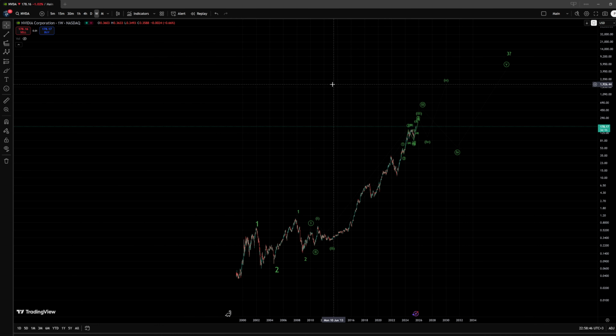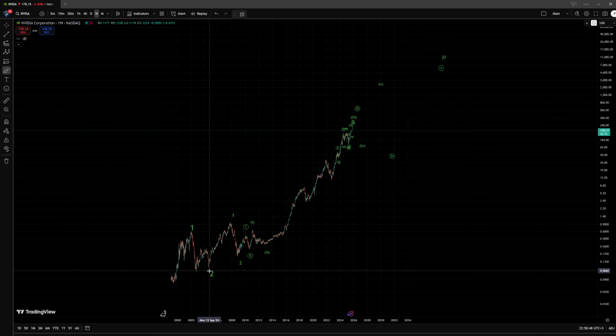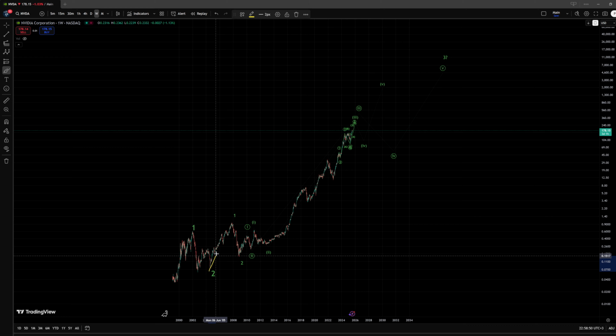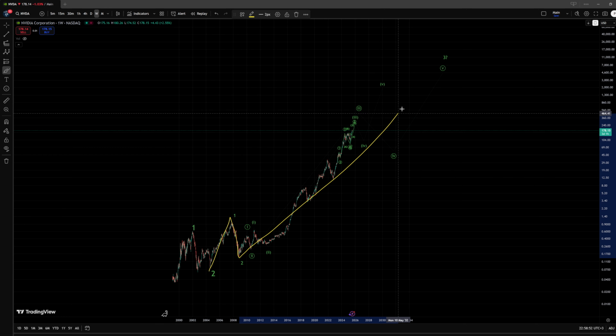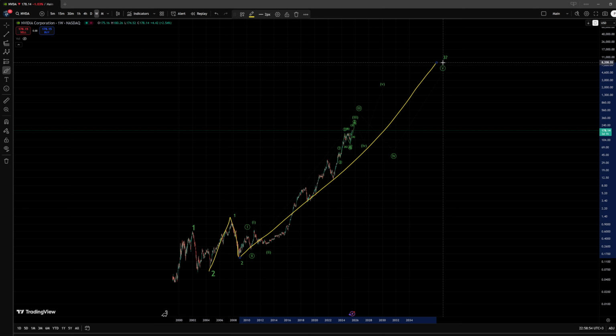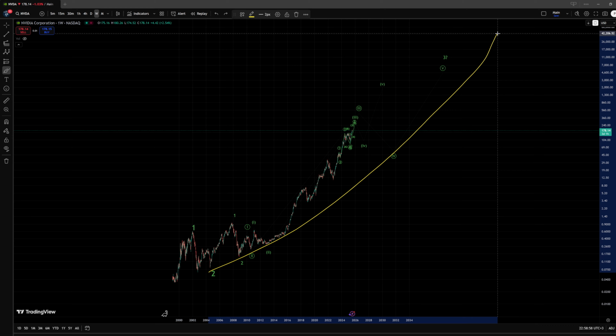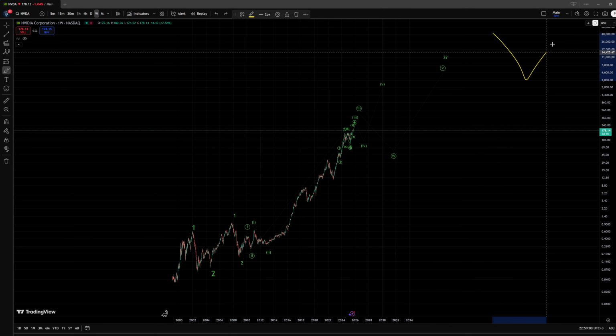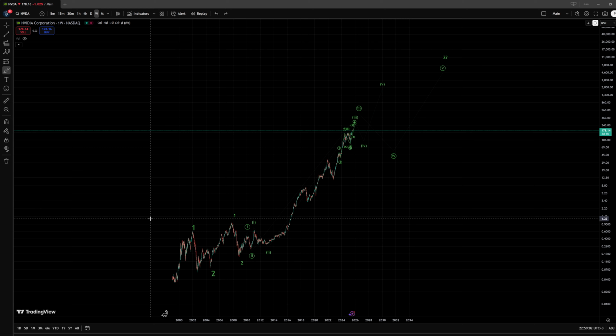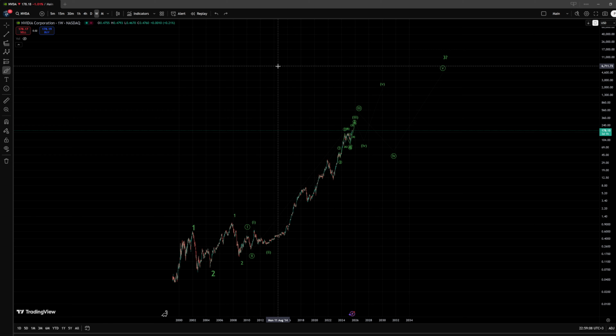And then this would complete this 1-2, and then this large third wave, and then we would need another 4-5 to complete this large third wave, and then another 4-5 to actually complete the entire impulse to the upside in 5 waves. And then we could actually end up seeing a very large correction for Nvidia.